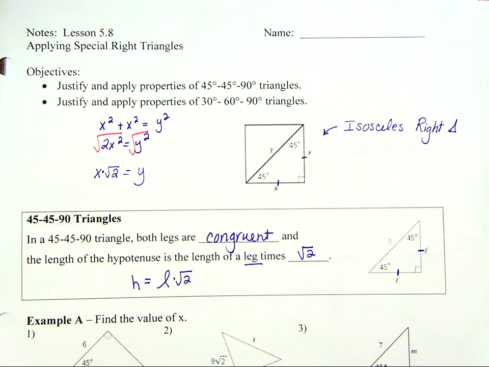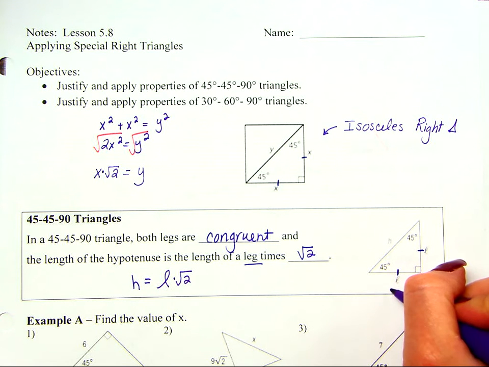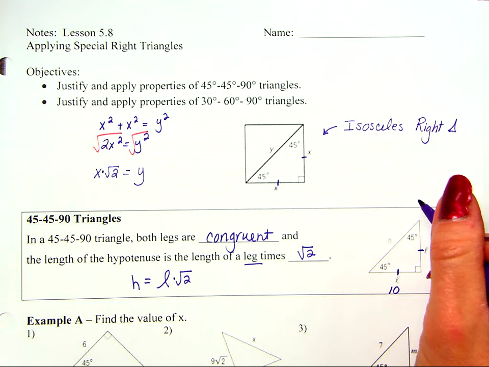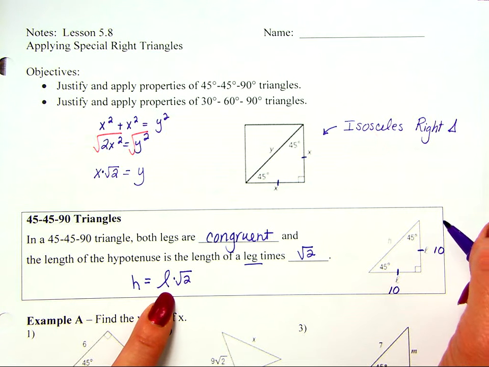Now, let's put some numbers to that. Let's say the length of my leg was 10. My other leg would have to be 10. Even though I could figure out the hypotenuse with the Pythagorean theorem, I have a shortcut. I know the hypotenuse would be the leg times root 2.